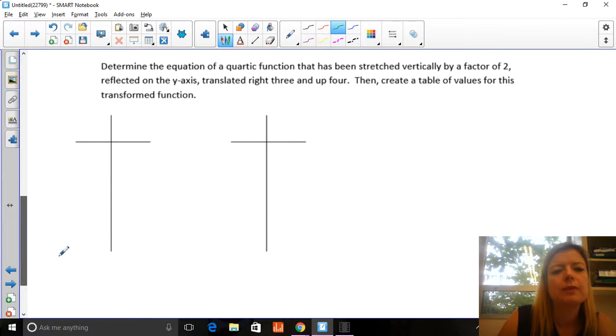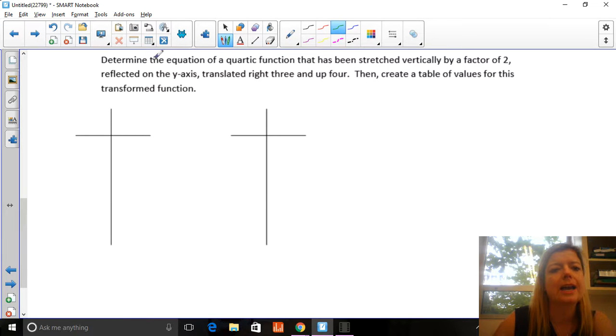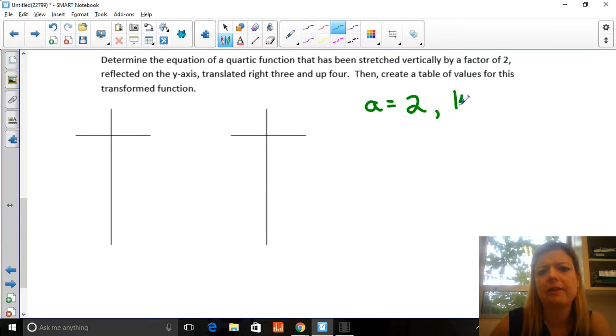Then you'll get questions like this, where it's asking you to determine the equation of a quartic function, and it gives you what's happened to it. So stretched vertically by a factor of 2, that means that your a value is 2. Reflected on the y-axis, that means your k value is -1.